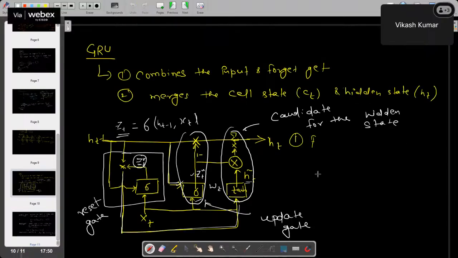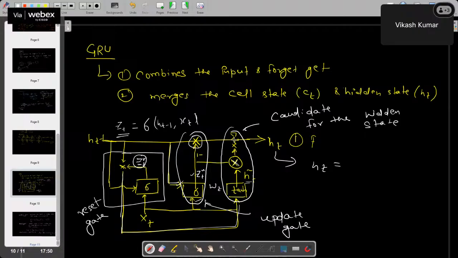Now finally, if I ask you what this ht will be, can anybody suggest the expression of this ht? This ht is nothing but the output of this multiplication part plus whatever value we have obtained from this final multiplication part.